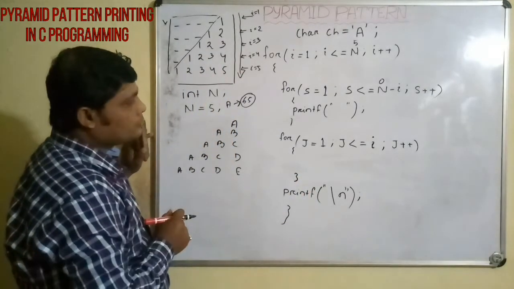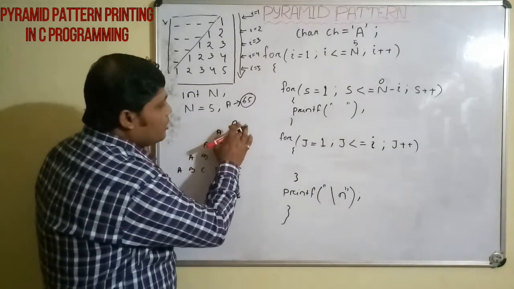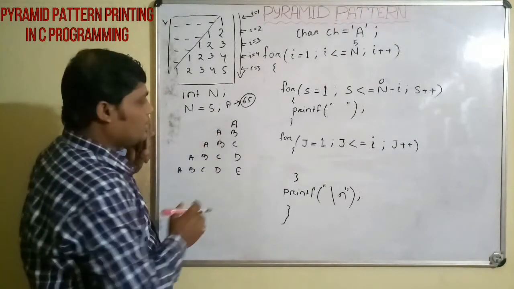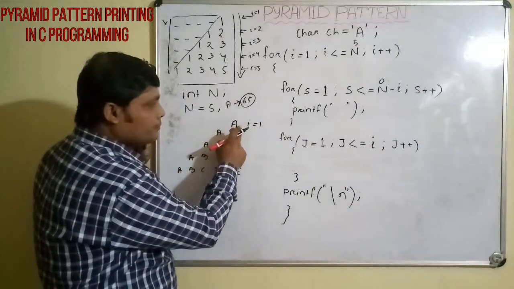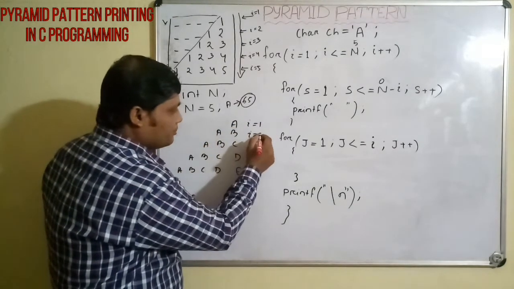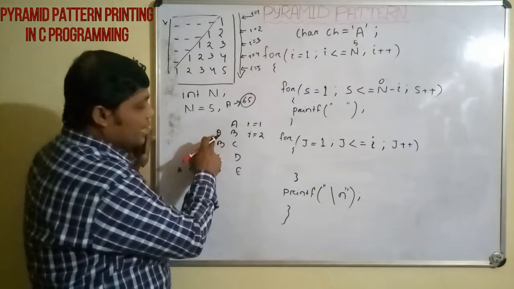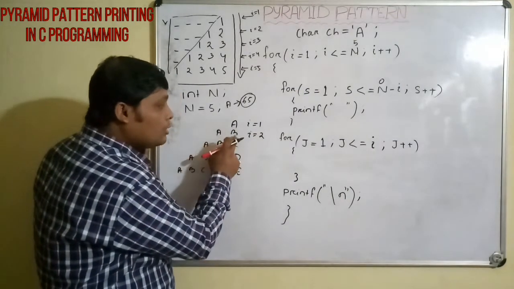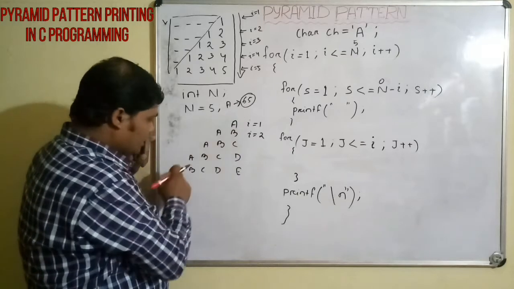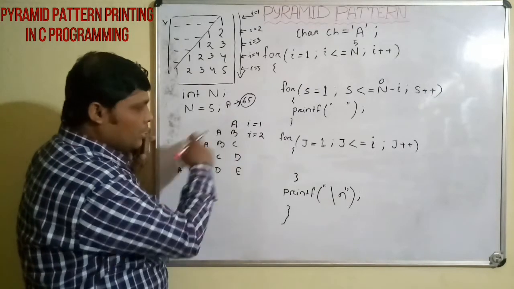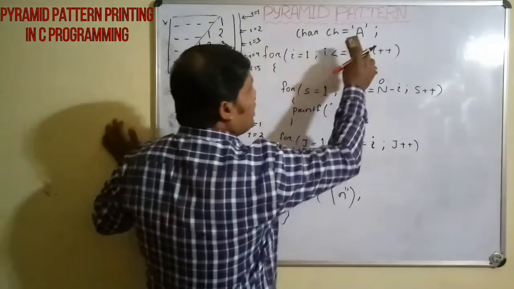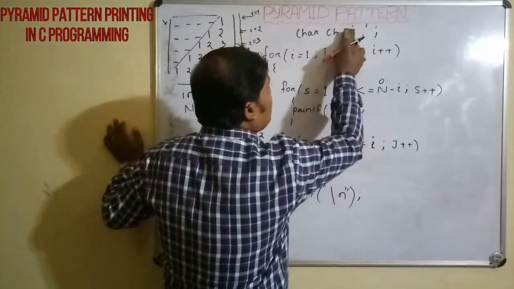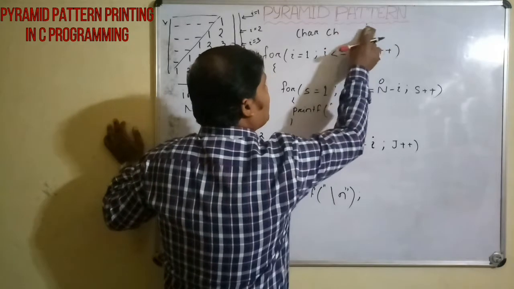Clear? Now see, when i value is 1, it is printing A. When i value is 2, it is starting from A, ending with B. Each time you can see, whatever the i value, it is starting from A. So ch equal to A, we need not write here.